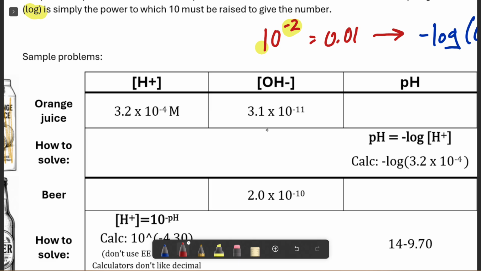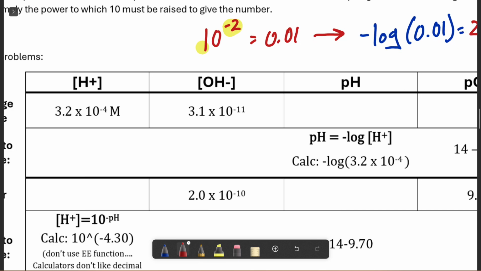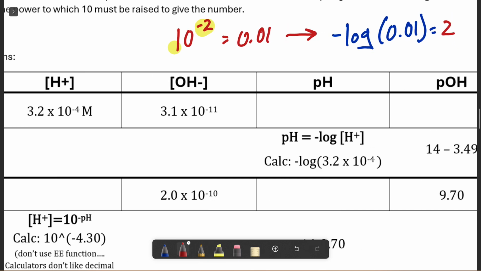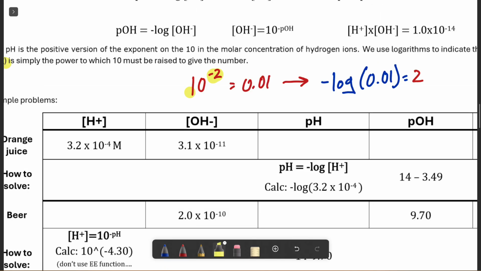The hydroxide is going to be the inverse of that, so I've got 3.1 times 10 to the -11th. I want to be able to find the pH and the pOH. How can I solve that? Well, I know my equation for finding pH is equal to the negative log of H plus, the concentration of H plus.